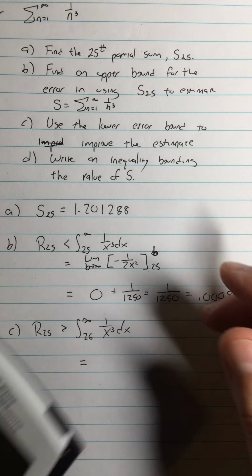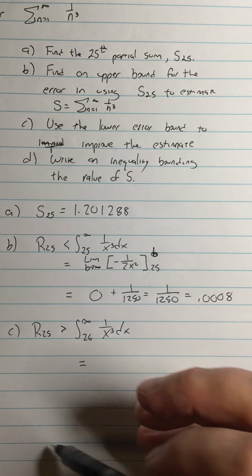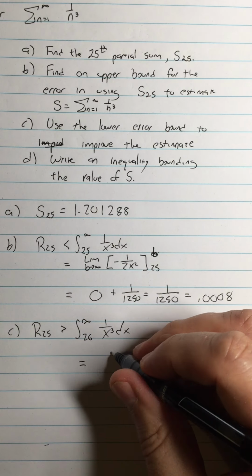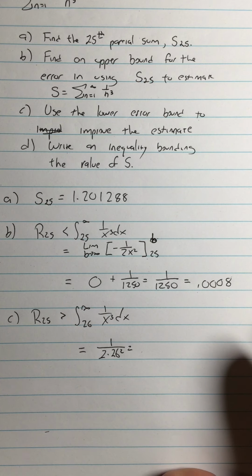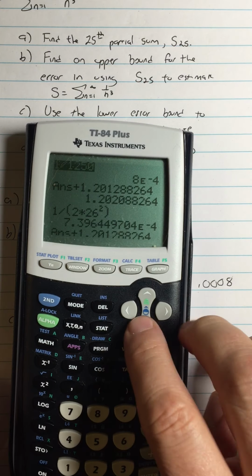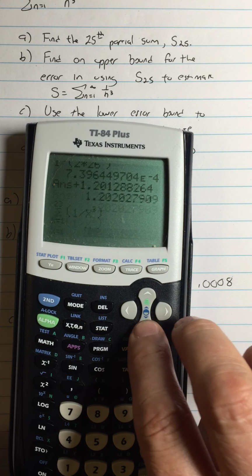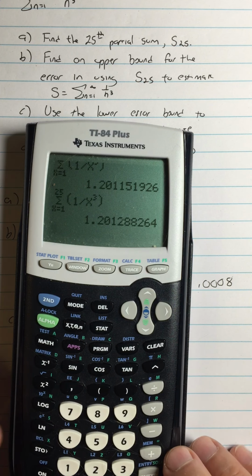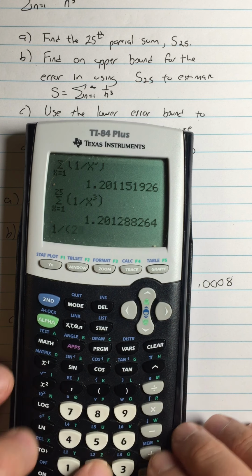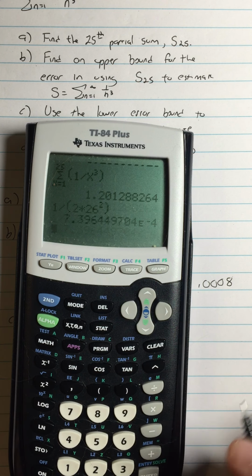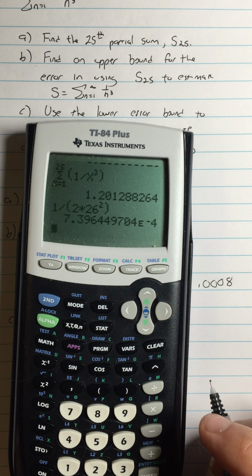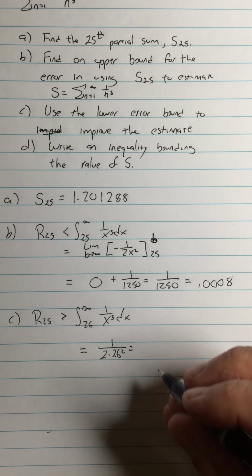So it's going to be equal to 1 over 2 times 26 squared. 1 over 2 times 26 squared is 7.39 times 10 to the negative 4th.